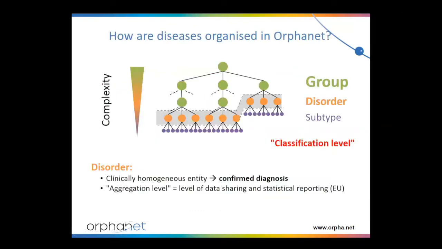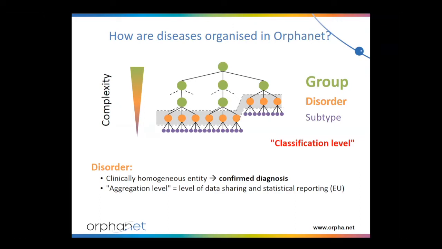In addition to these elements, each entity is attributed what we call a classification level, reflecting the level of precision of the diagnosis. There are three possible classification levels, which are the groups, the disorders, and the subtypes. A disorder is defined as a clinically homogeneous entity, and it reflects the level of the confirmed diagnosis.